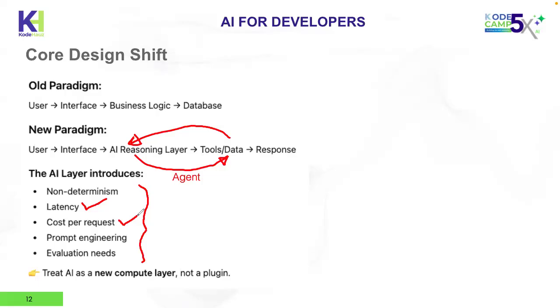Is there going to be a flat payment plan, I subscribe and then it pays for all of this, or you put in your API key and then you get billed? So these are things to think about. Prompt engineering is another thing. People need to learn how to properly type prompts so that they can get the response that they are looking for.